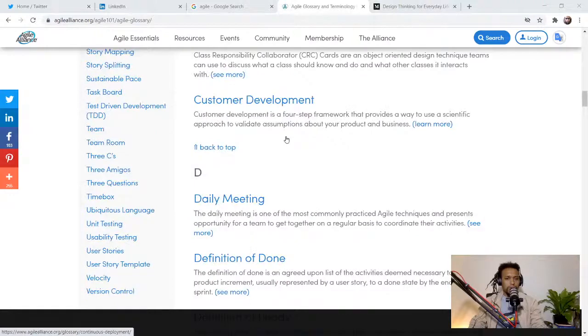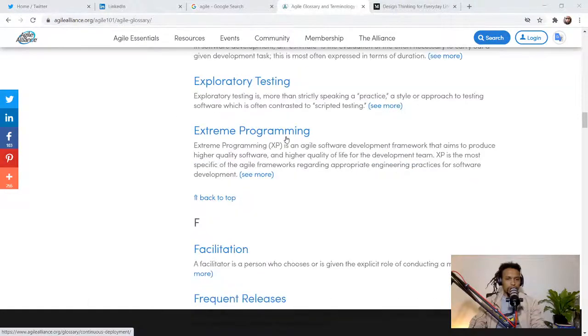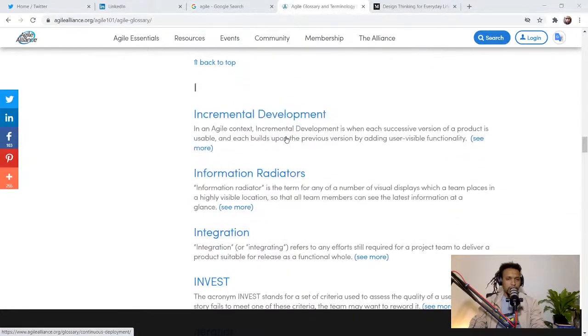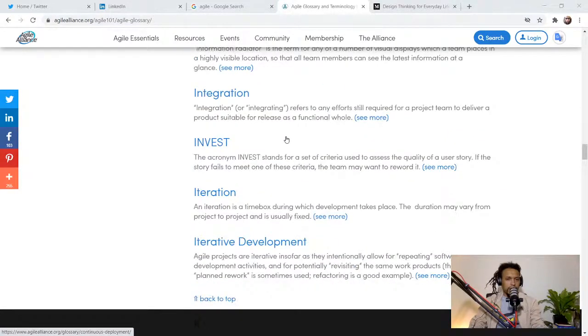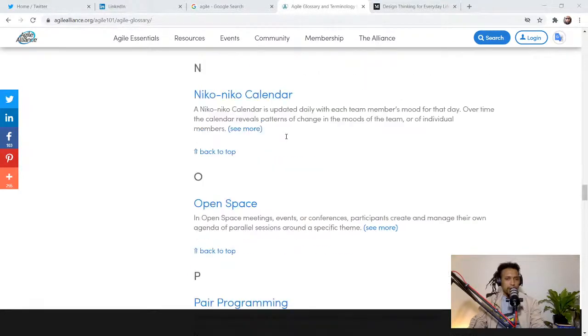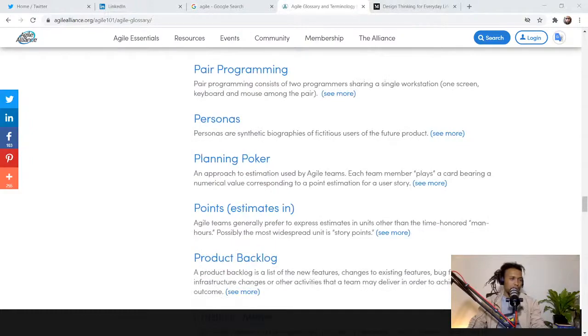So this is quite a cool resource of all this terminology that people within this different world of delivery live in. So things like Kanban board. There's also Scrum board, and etc etc etc, right? There's so much terminology within this.